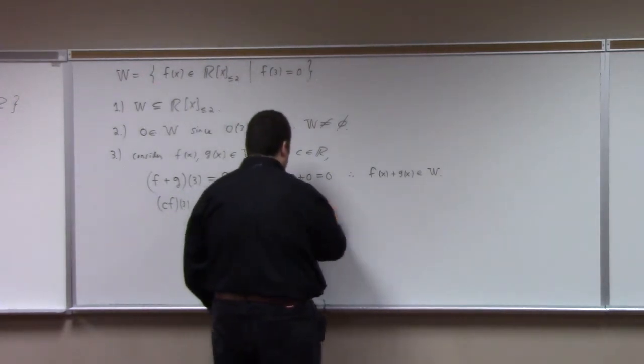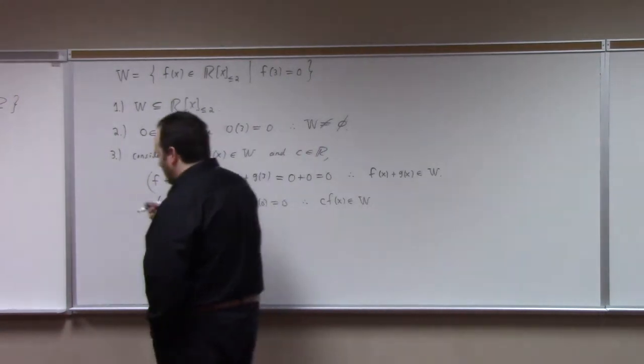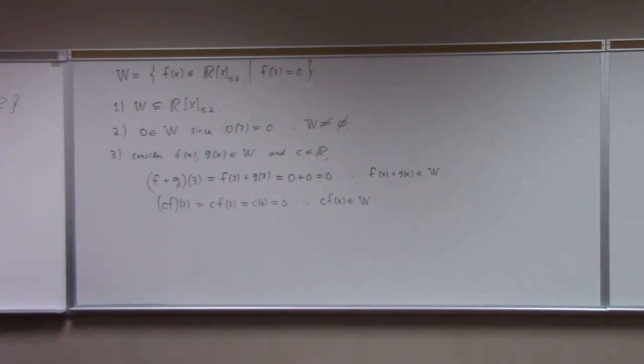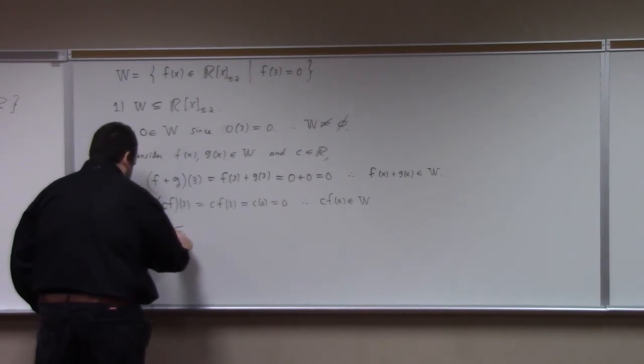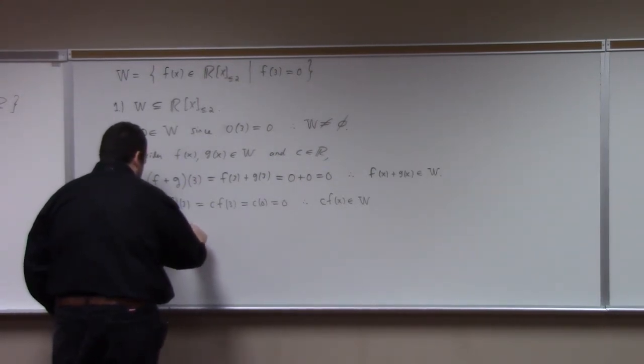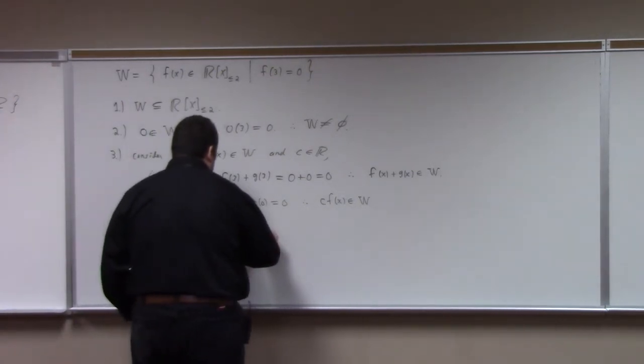So therefore, c times f of x is in W. So we have shown that W is closed under vector addition and scalar multiplication. It's a subset of the vector space of polynomials. It's non-empty. All of these things together give us, by the subspace test theorem, hence, W is a subspace of R of x less than or equal to 2.